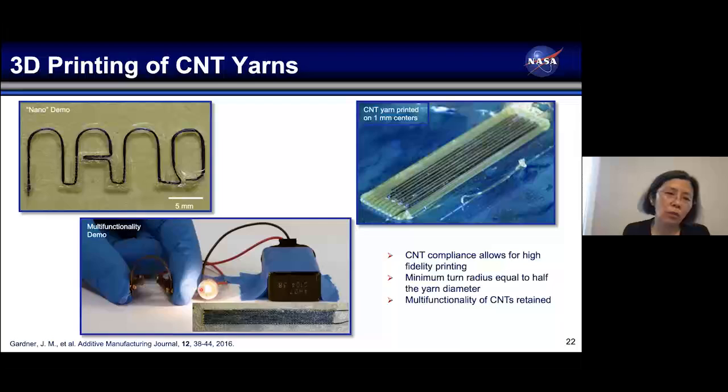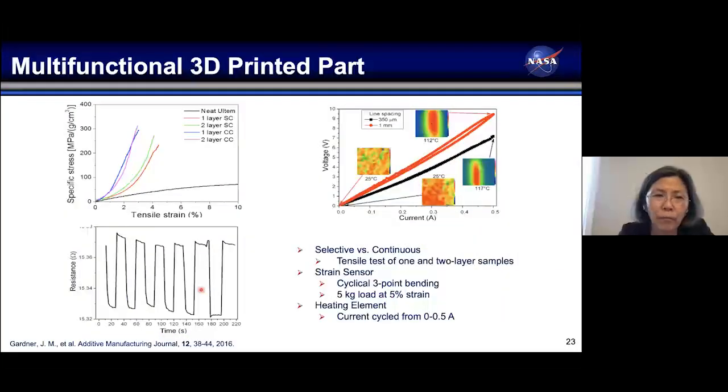So that's one of the multifunctional applications, for example, that you might be able to get a structural material to also act as a conductor. And we figured out how to get stronger material by laying down the yarn. This is specific stress versus strain in a plastic.